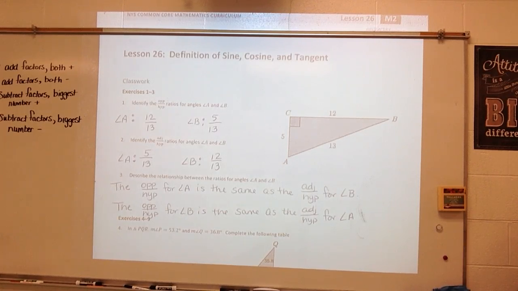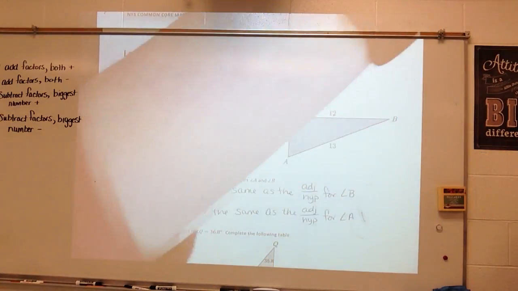Alright, so I told you that we are going to get into what we call sine, cosine, and tangent. So let's do a little bit of a discussion before we get into the actual lesson. I'm going to talk to you about how to find the sine, cosine, and tangent of angles.